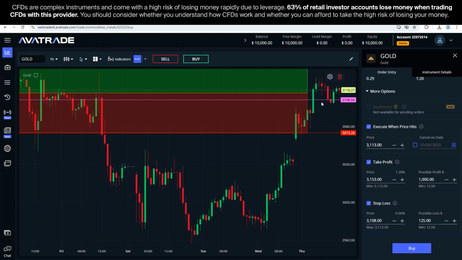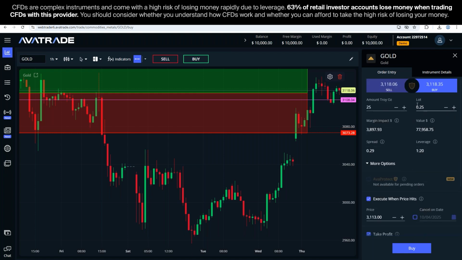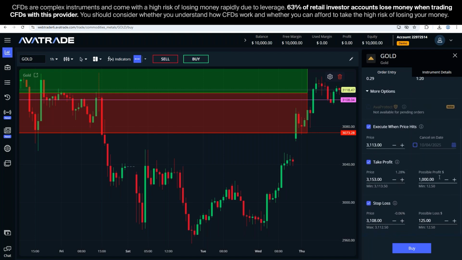So in other words, the farther away I want the stop loss to be from my entry, and maintain this possible loss, I can reduce the lot size. Keep in mind again that this will directly impact your possible profit.